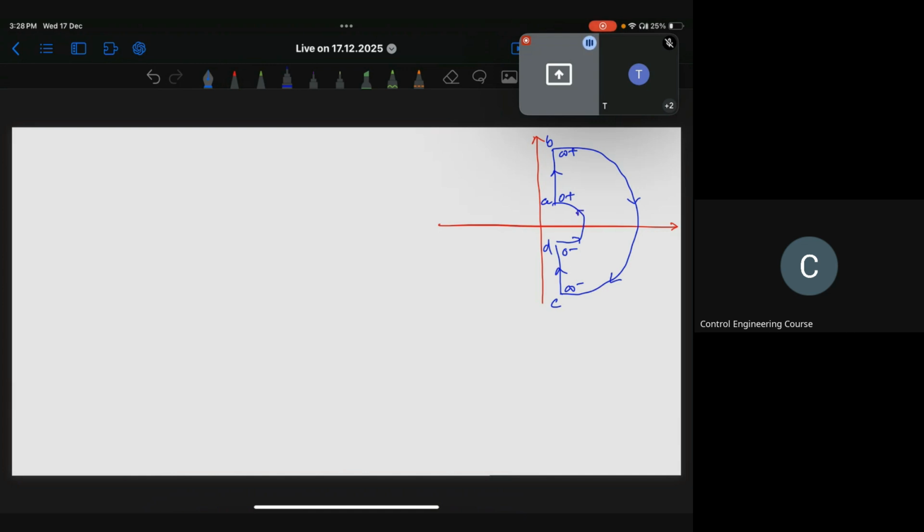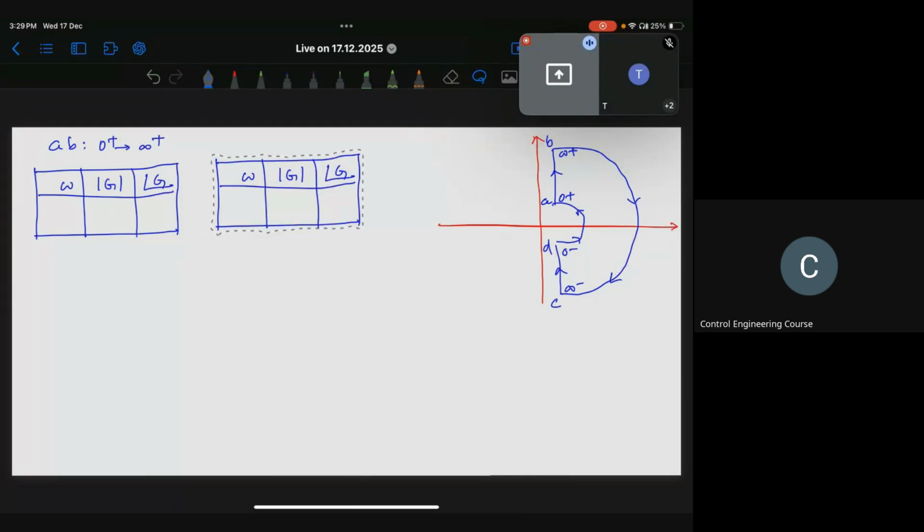So this is our Nyquist plot. In this plot, generally we take the terms A, B, 0 plus to infinity plus, with omega, mod G, angle G. Let me take this term. Here we copy this, and we'll do the same thing four times.